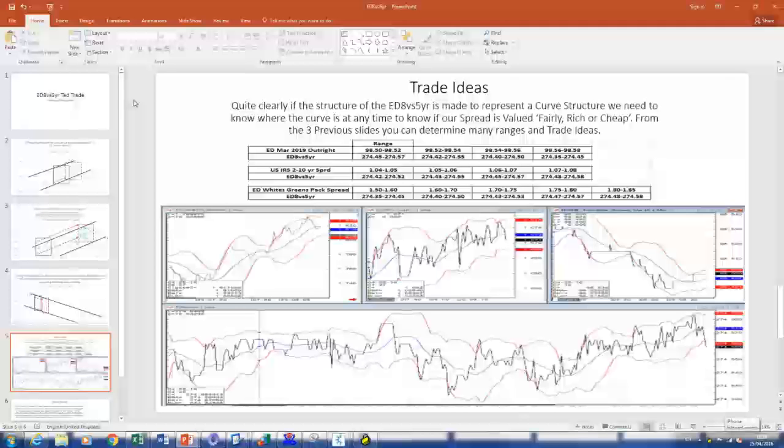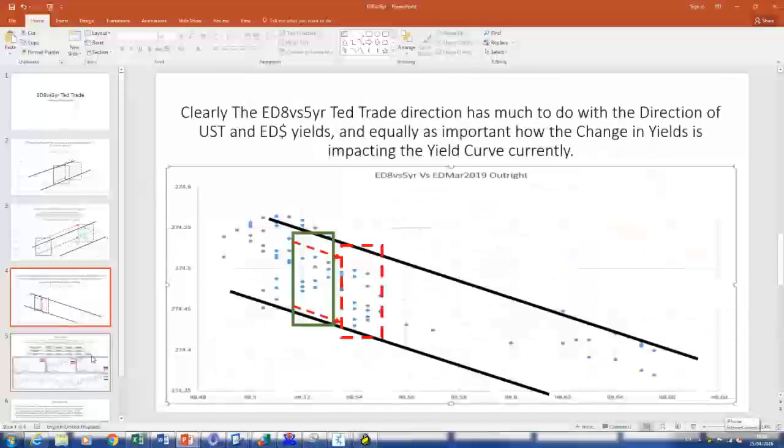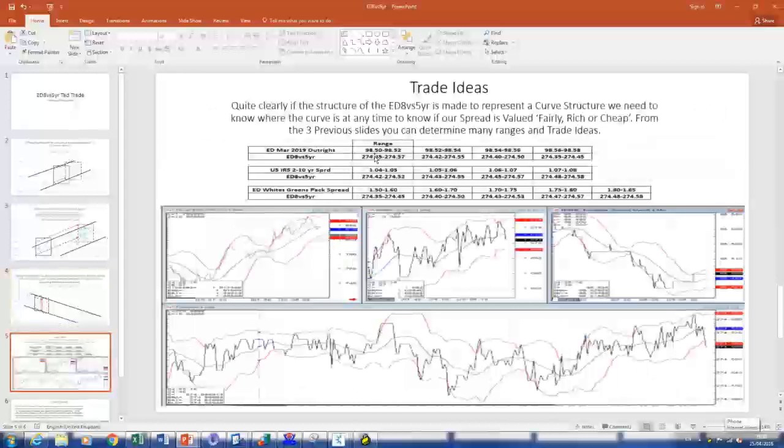If you're looking at this from a first point of view, first trade, what do I do? Right, so here we go. This is the euro dollar March 19 outright. So if we're at 98.50, and I took these from the scatter plots here, if we're in a range of 98.50 to 98.52, the TED spread, the euro dollar versus the 5-year, should be in a range of 274.45 to 57.